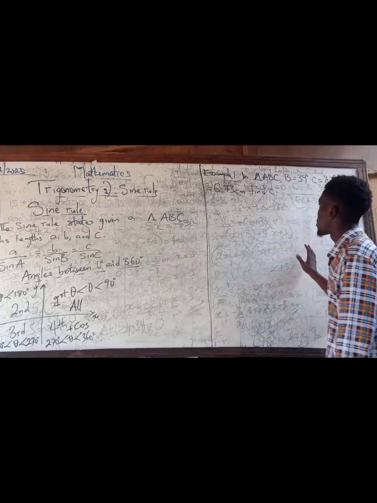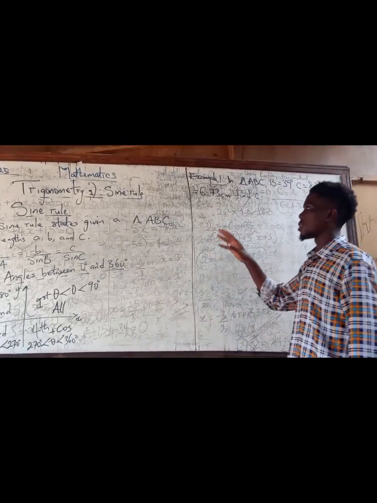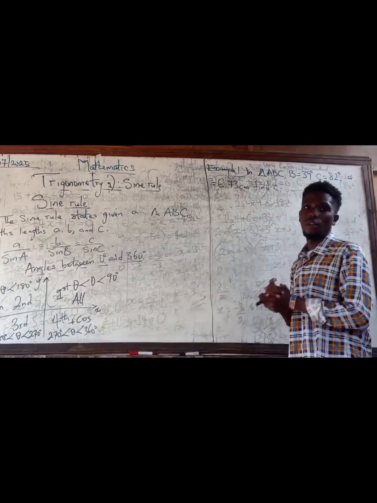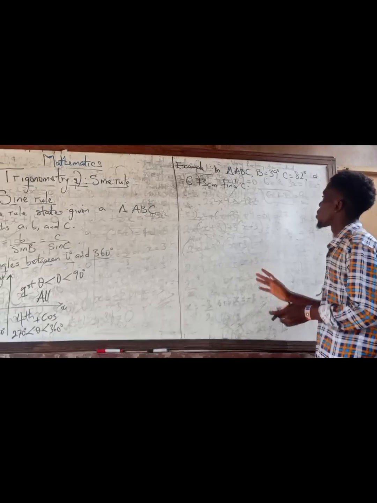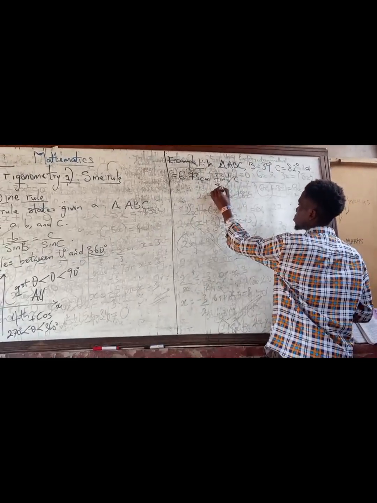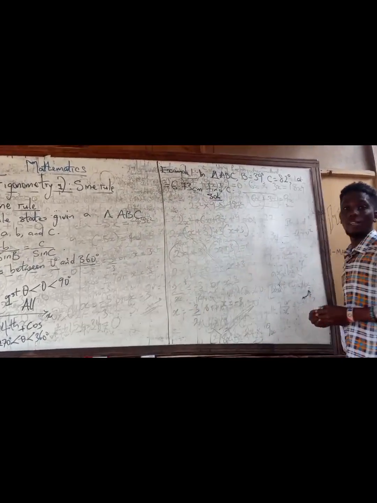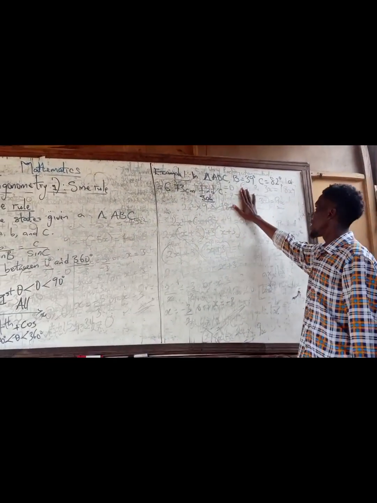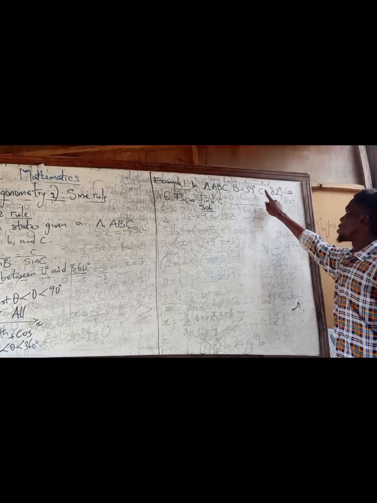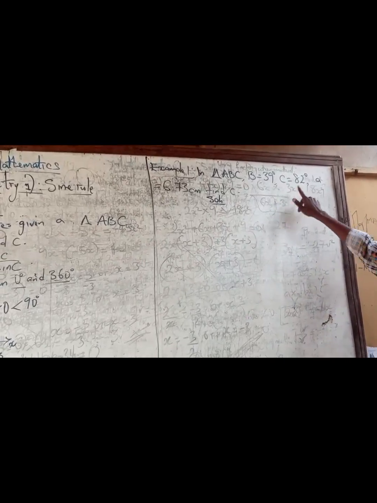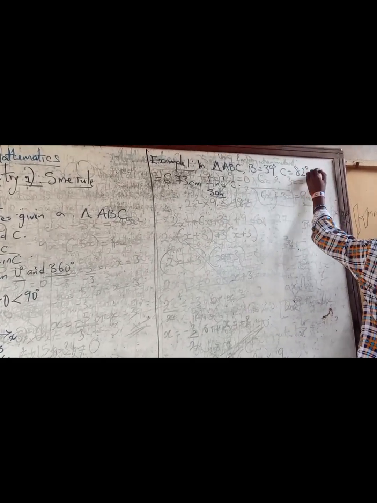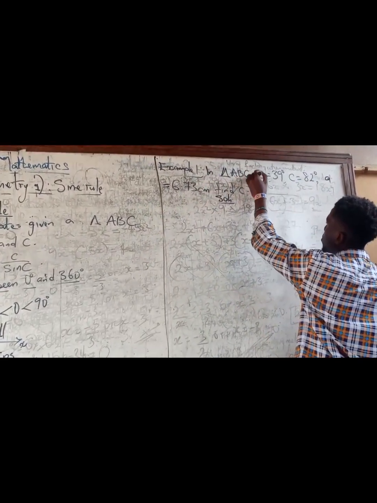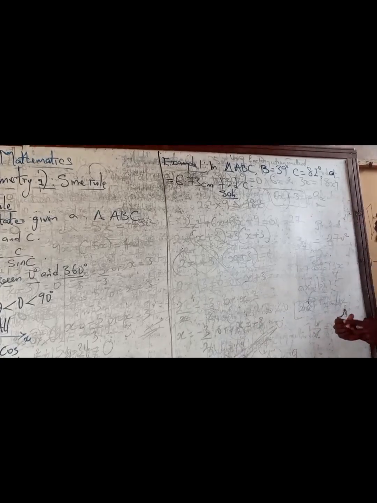So we're going to look at some practice questions and we're going to apply sine rule and see how we can solve them. Alright? So, example 1. The question says, in triangle ABC, B is 39 degrees, C is 82 degrees, and A, small letter a, is 6.73 centimeters.